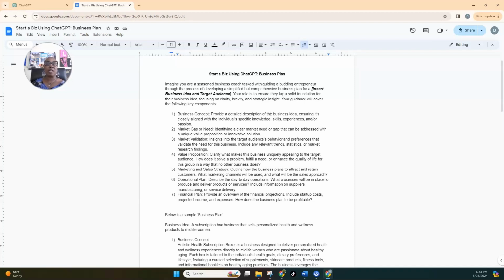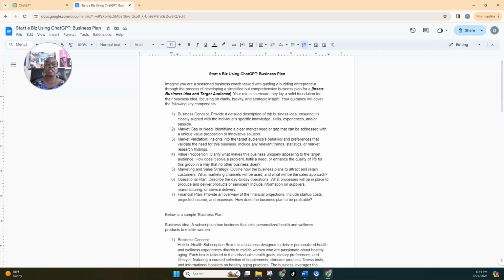And we're going to put in the target audience. Your role is to ensure they lay a solid foundation for their business idea, focusing on clarity, brevity, and strategic insight. Your guidance will cover the following key components: business concept, market gap or need, market validation, value proposition, marketing and sales strategy, operational plan, financial plan.